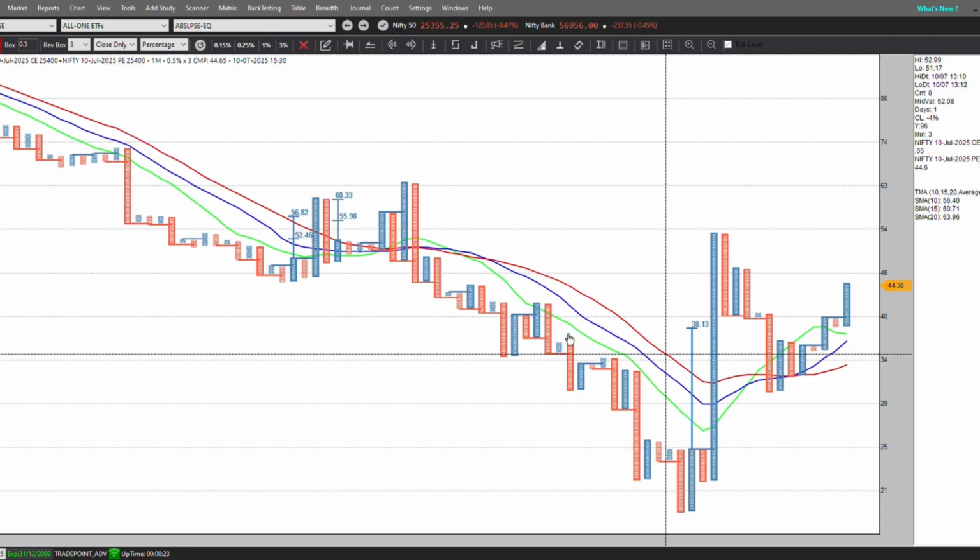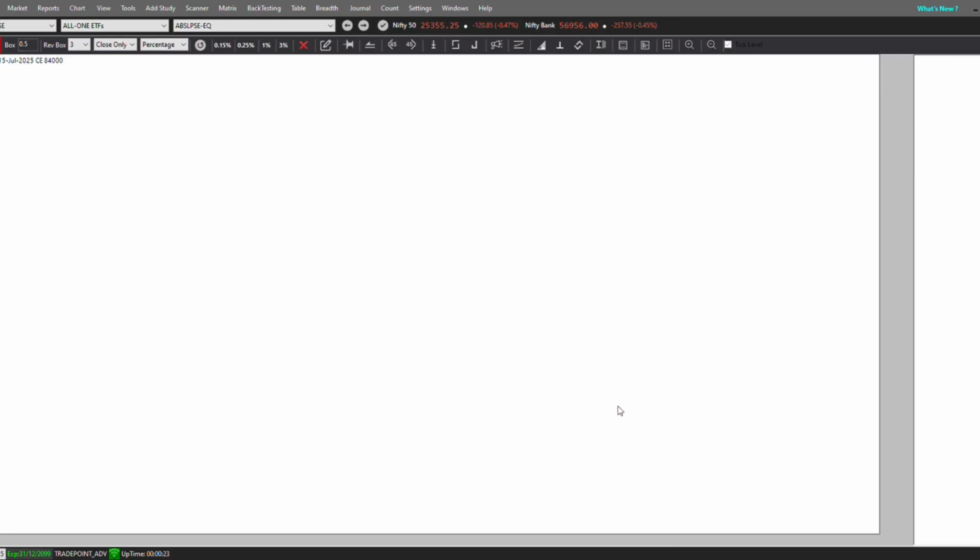Sensex had an expiry at 83,700. So I took the 84,000 call and 83,500 put. Box size 50.